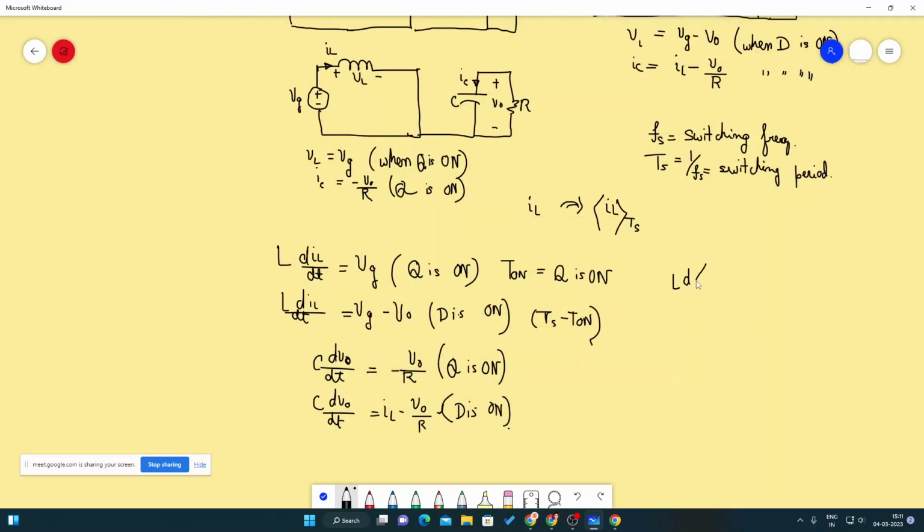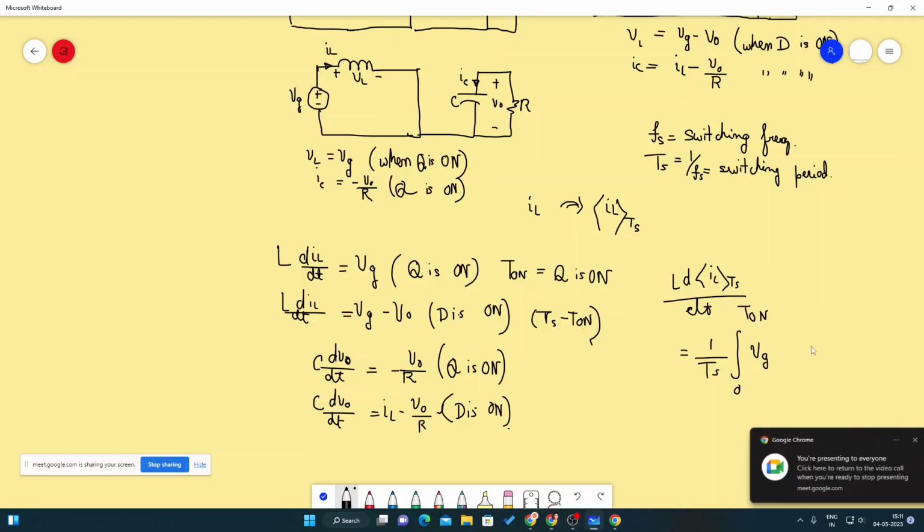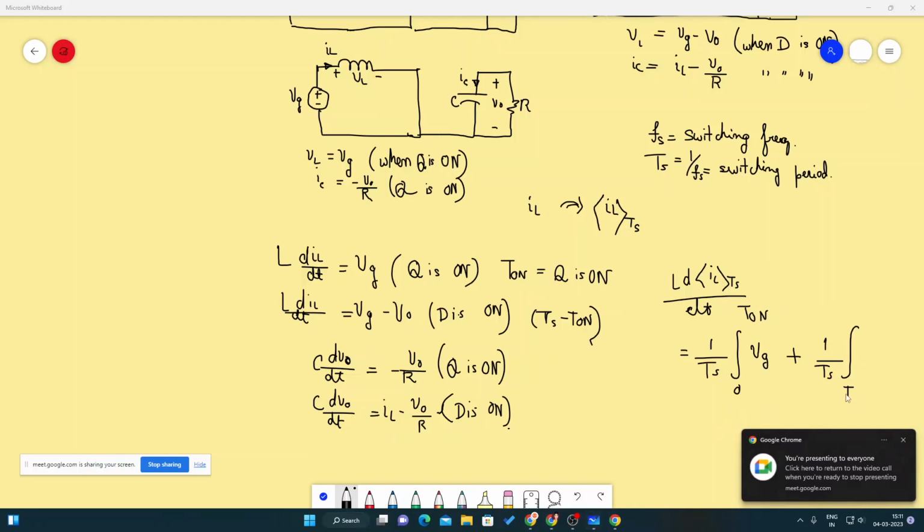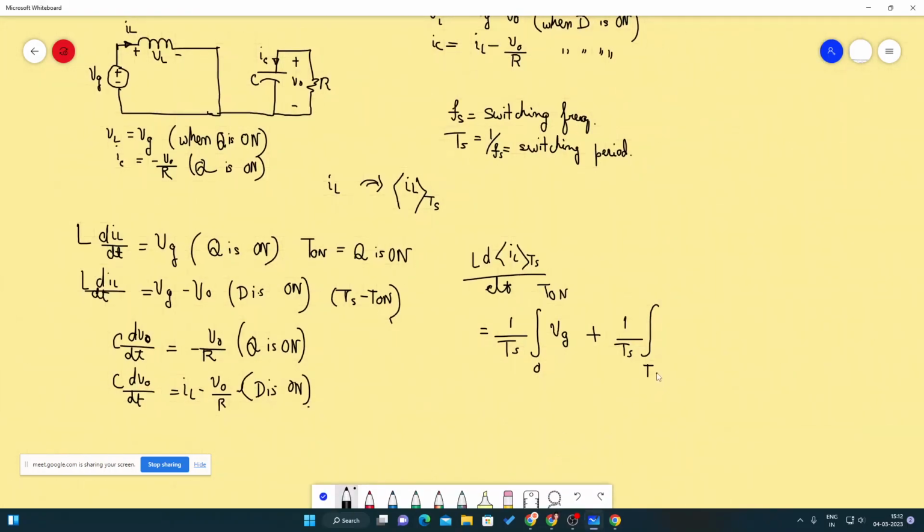L d of IL over Ts by dt is equal to 1 by Ts integral 0 to t on Vg plus 1 by Ts integral t on to Ts Vg minus V out dt, here also dt.